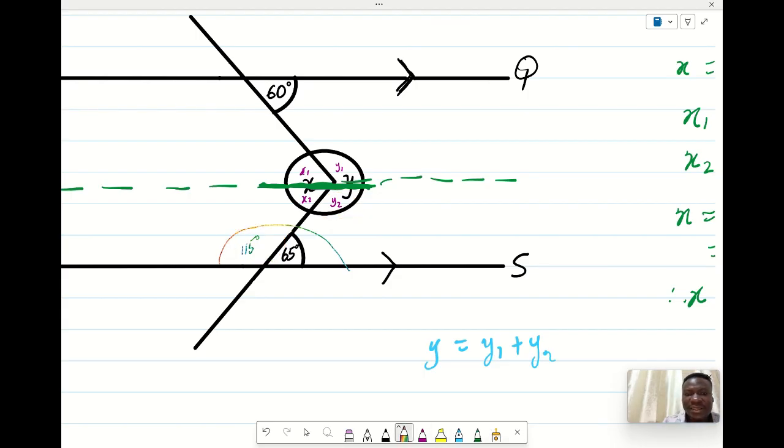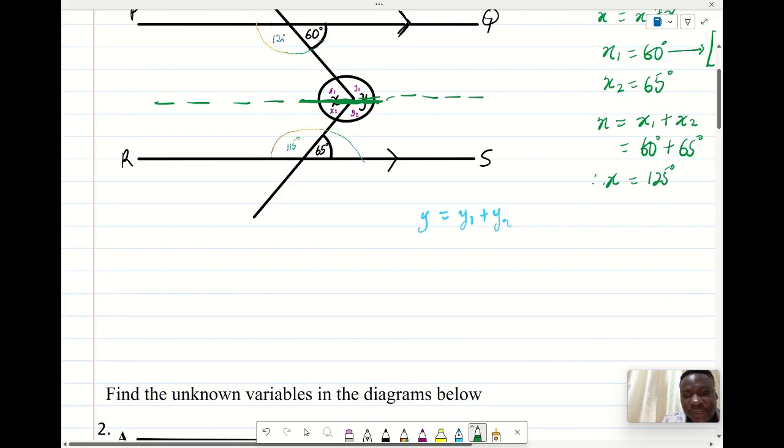Likewise, if this side is 60, what will be the value of this other side? The two, when we sum them together, should also give us 180. So if here is 60, here is 120. This 120 also alternates to Y1. Let's put this into writing.